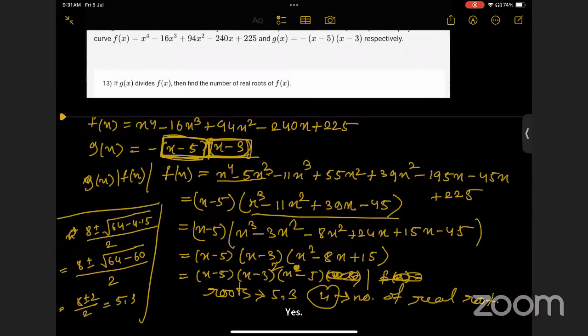Total number of roots is 4, but do we actually need to see whether they are distinct or not? No, no, no. When they ask you to find the total number of roots, you need not see whether they are distinct. If they want distinct roots, they will mention the total number of distinct roots. Okay, ma'am. Got it.